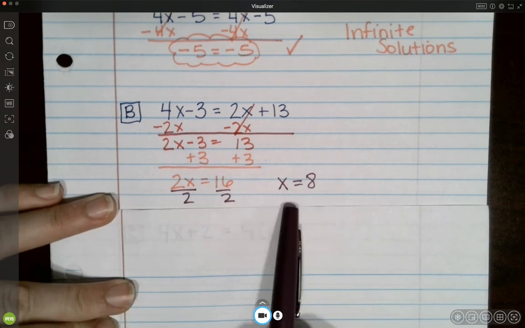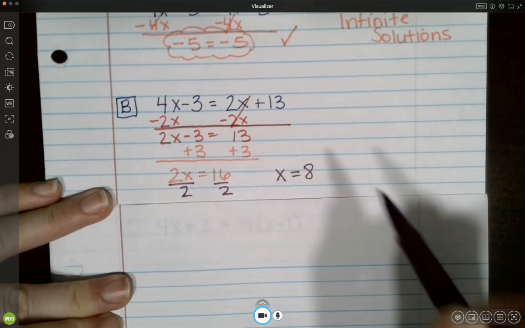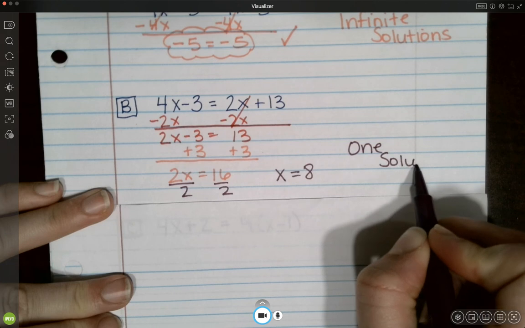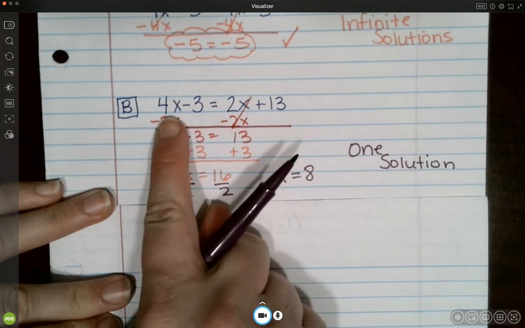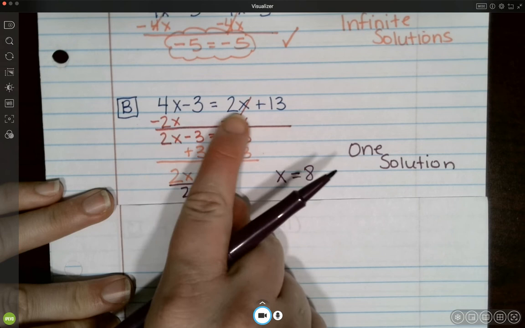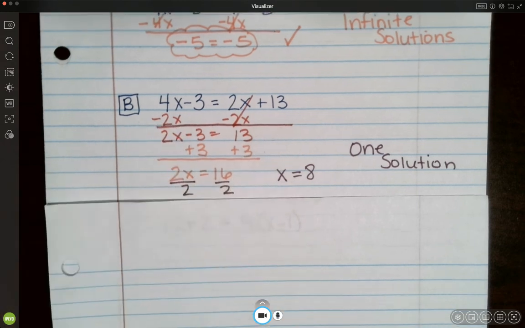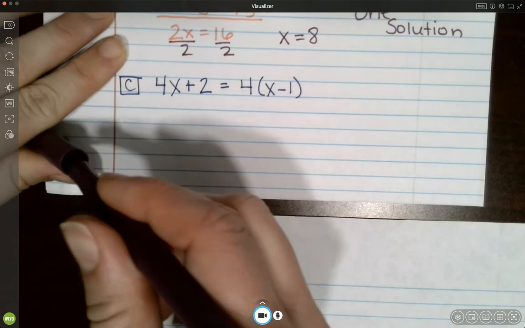No, we just made the declaration that x has to be 8, meaning there is only one solution to this equation. Notice my variables had different coefficients. They did not cancel.